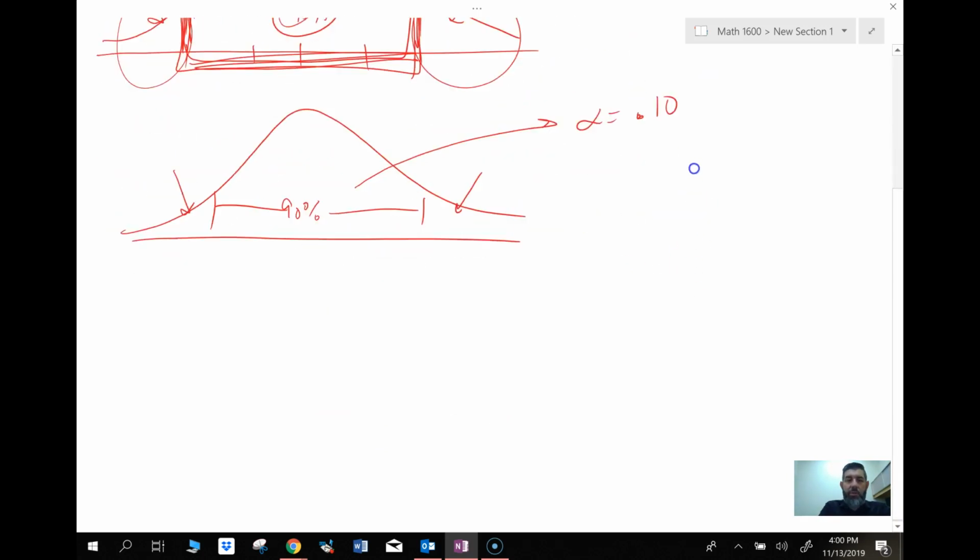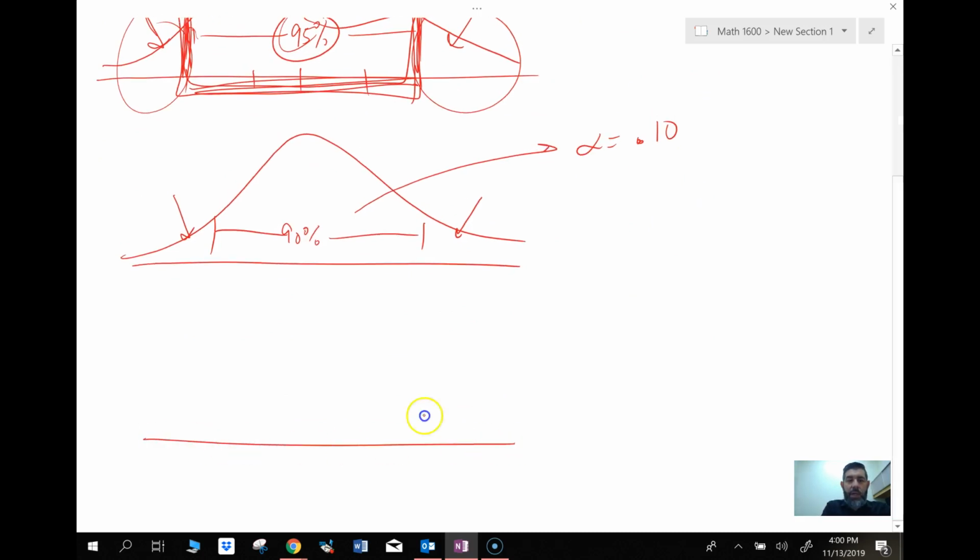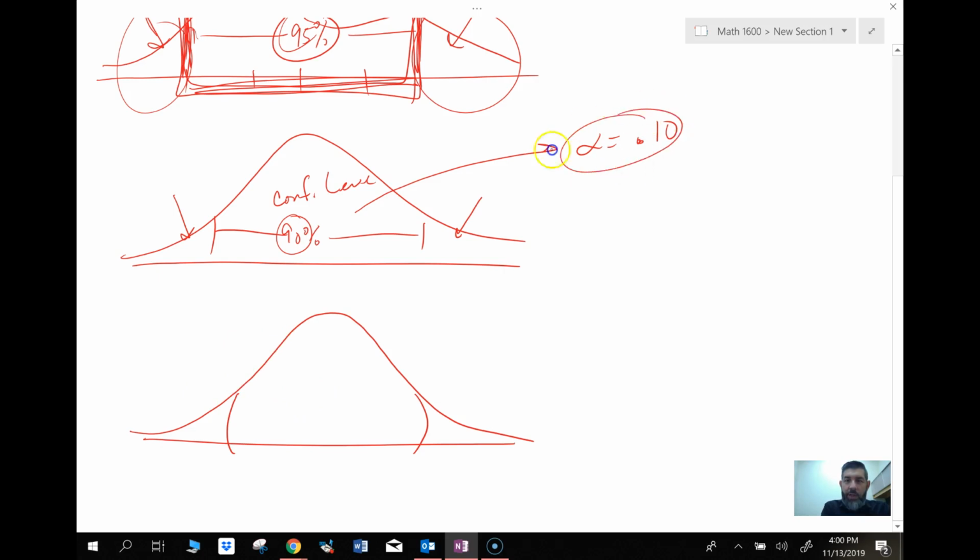In general, this is what happens. I saw this picture online; you see this picture a lot in stats books. This is the confidence level, and alpha is what's left over. If alpha is 10% here, the confidence level is 90%. The confidence level is 1 minus alpha.